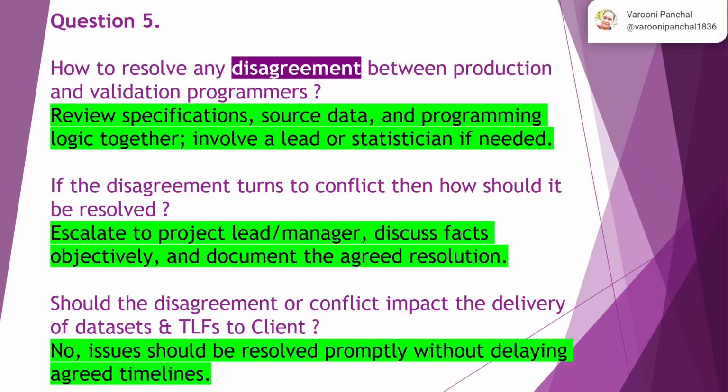The client is interested only in business, in work done with quality, and productivity needs to be seen, right? So without further delaying any agreed timelines, you should resolve these issues, and it should not impact the delivery.